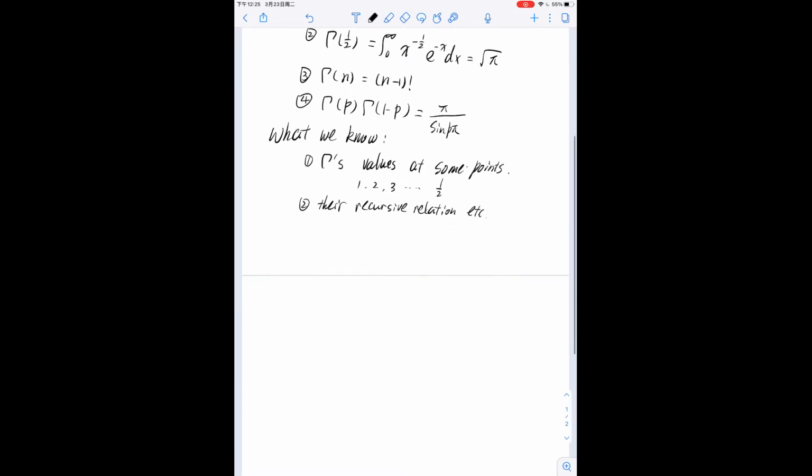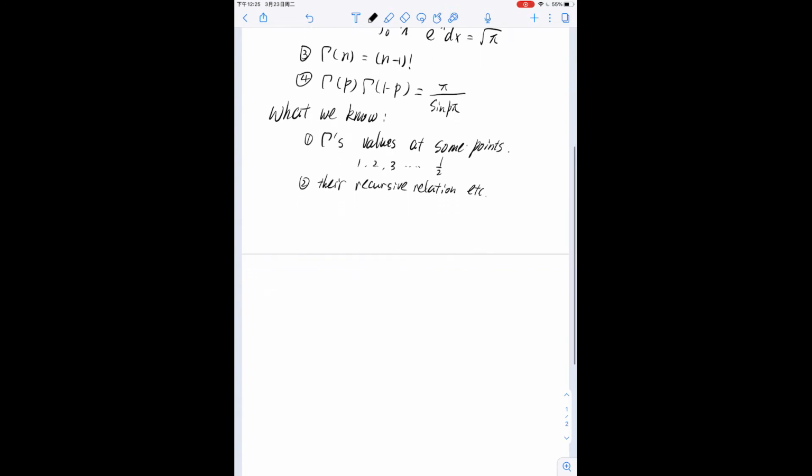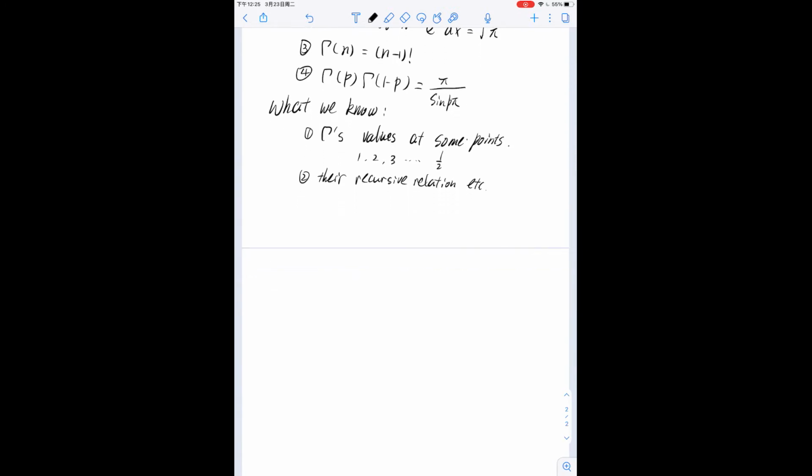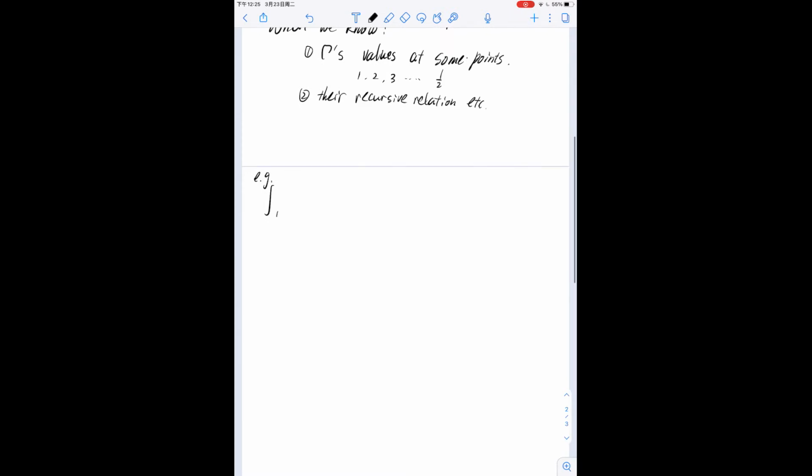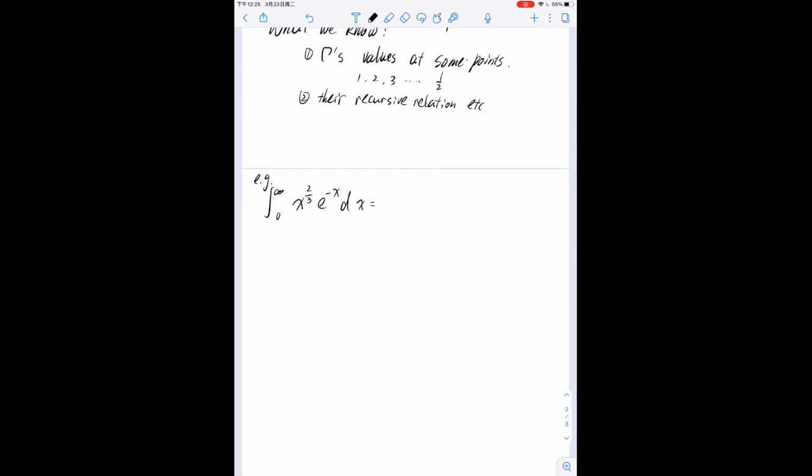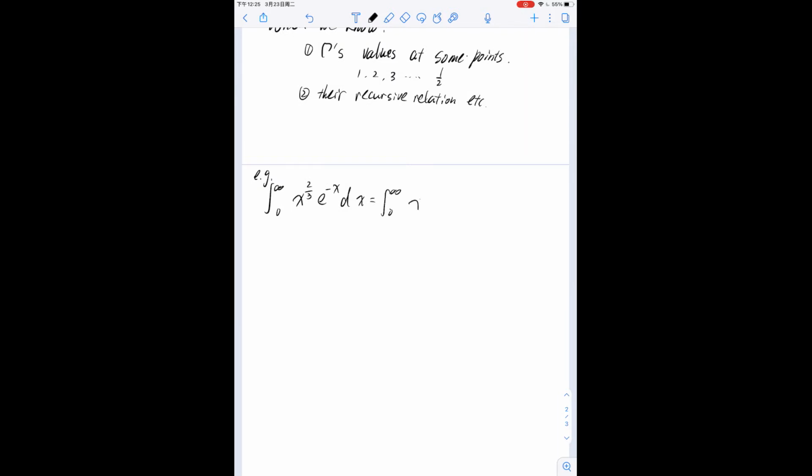For example, if we want to represent an integral like this, then we can just write down the form and solve it like this.